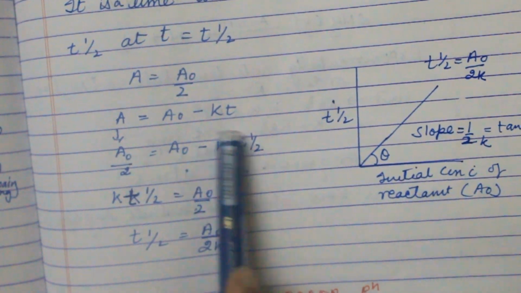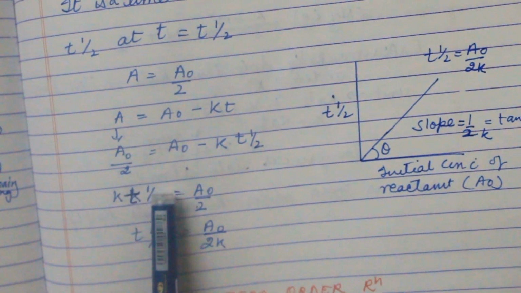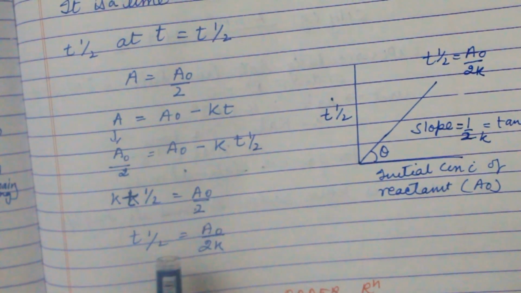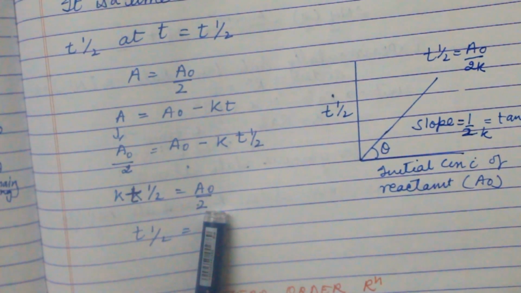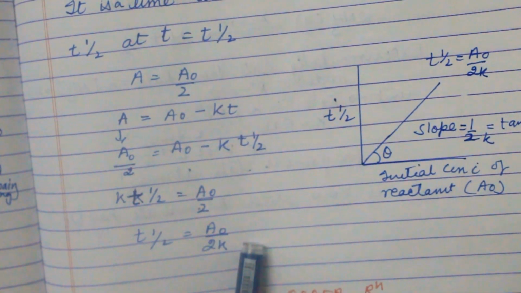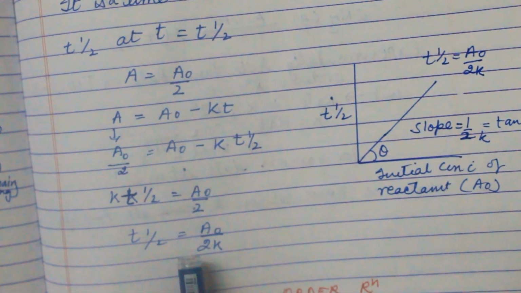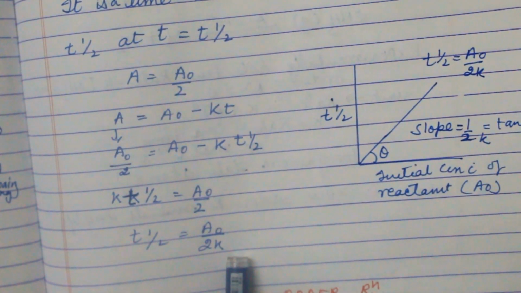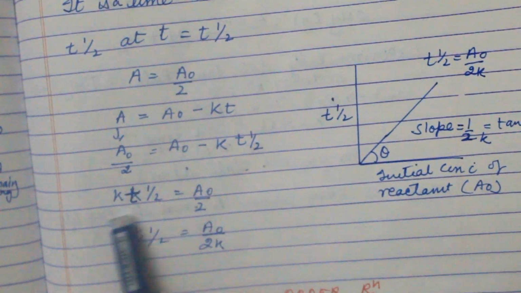If we solve it, k t half is equal to A naught by 2, and when k is shifted to the denominator, the half-life is t half equal to A naught by 2k. This is the half-life of zero order.